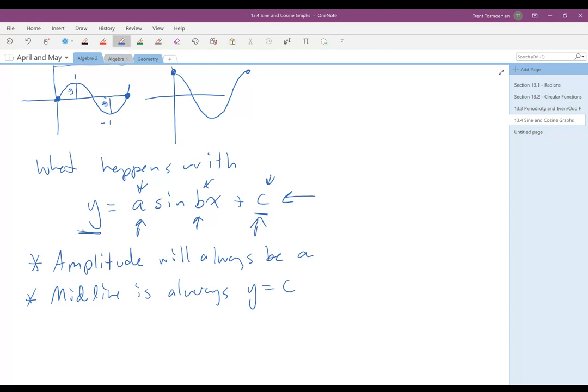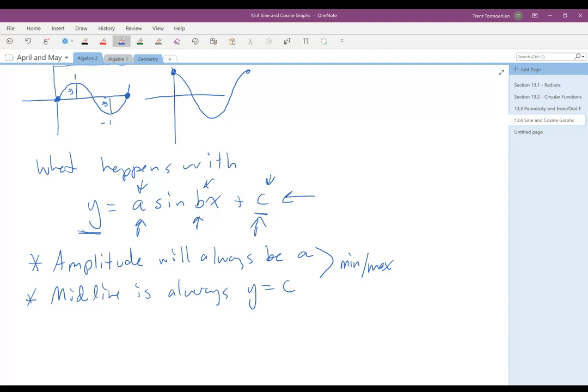And then these 2 combined give us a min-max of the function. Well, you go to the midline of c, and then the amplitude adds a for the max and subtracts a for the min. Now, if you get a negative value for a, that's going to be dealt with differently, and we'll talk about what that means. What it really means is you just take the initial point and you flip it down.